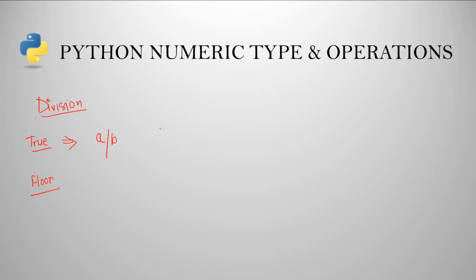For example, if we divide 5 by 2, it will give us a result of 2.5. But if we use floor division in Python, we use this double slash. So for example, if we give 5 floor division 2, it will return 2.